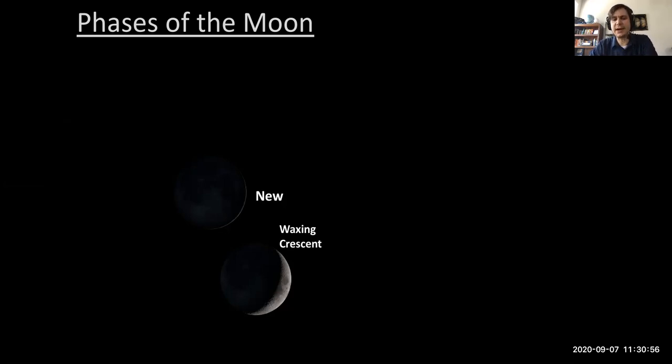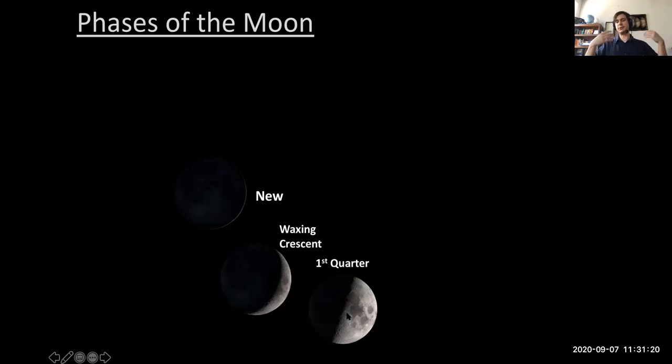So a full week after new, 3.5 days, a half a week after a waxing crescent, we would see a first quarter moon. Now notice that we can see half of the day side of the moon. And just like on the previous one, we see that the right-hand side is bright. From the northern hemisphere, it'd be opposite in the southern hemisphere. But the right-hand side is bright, and we're seeing more and more of the right-hand side illuminated day after day.